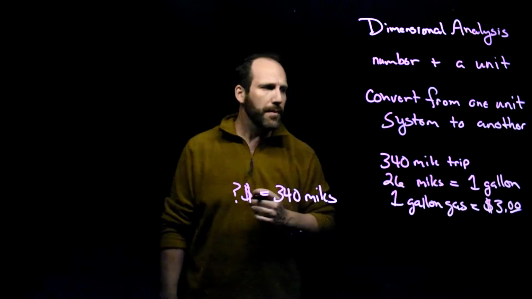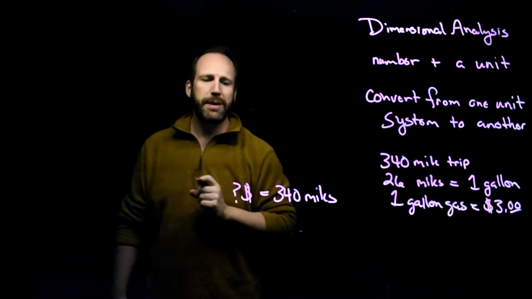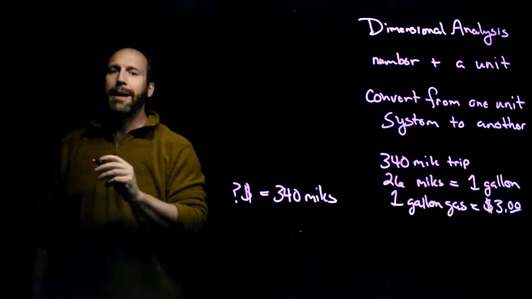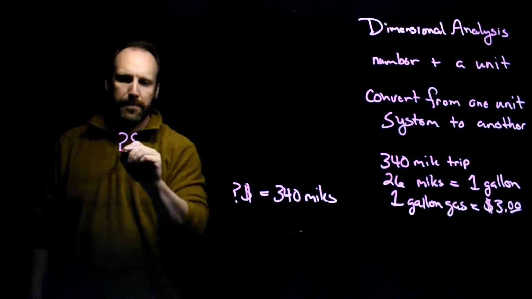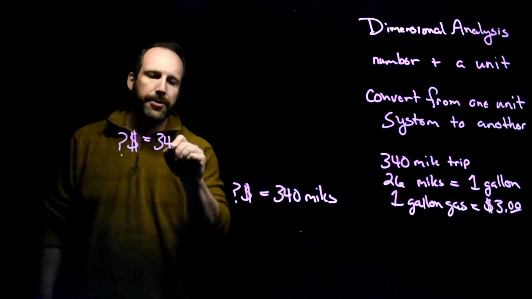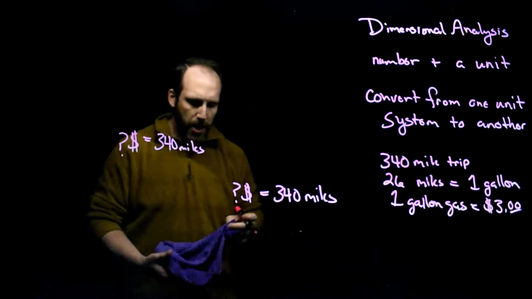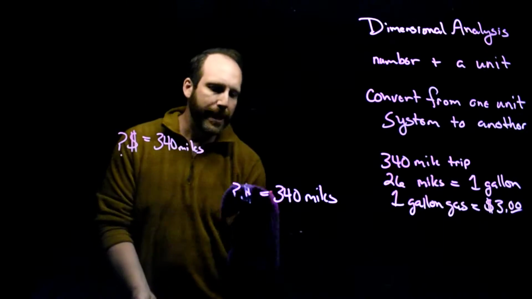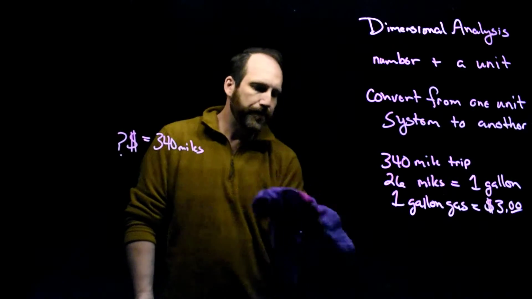All right? Okay, well, I'm going to rewrite this because I think it's going to take a little bit of space here. So remember, our question is, how many dollars are equal to 340 miles? Okay. Well, our goal here is to get to the unit of dollars. Okay.